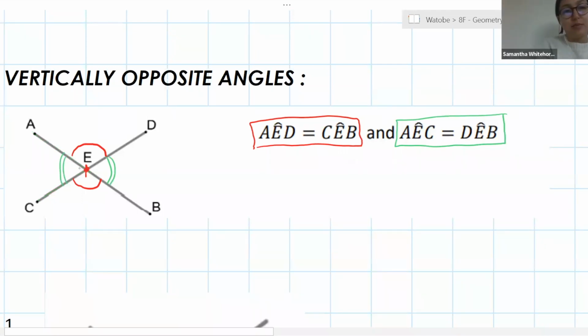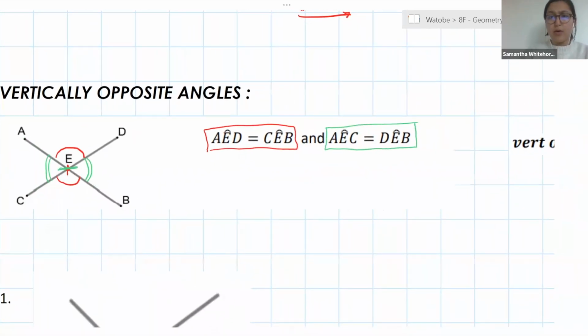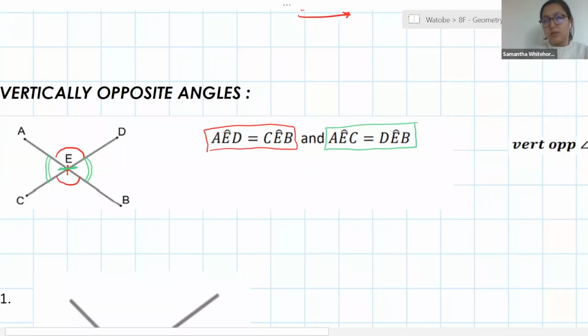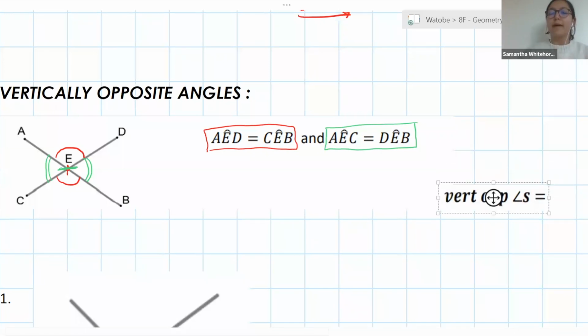And again, that's because they are vertically opposite to each other. So this is our new reason that we're going to work with. And the reason that you will use would be vert-op angles equal. So in your brackets, when you've written down your statement, vert-op angles equal will be your reason if we're going to use these.